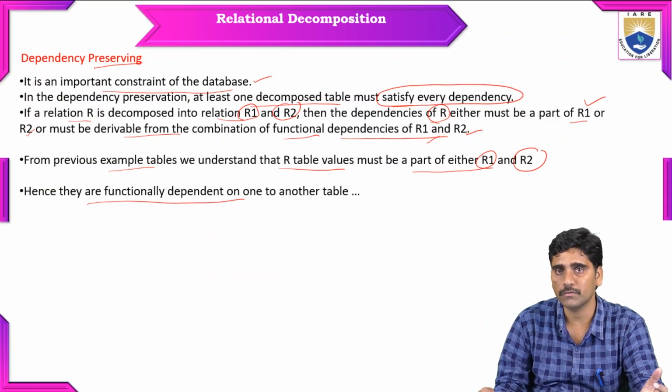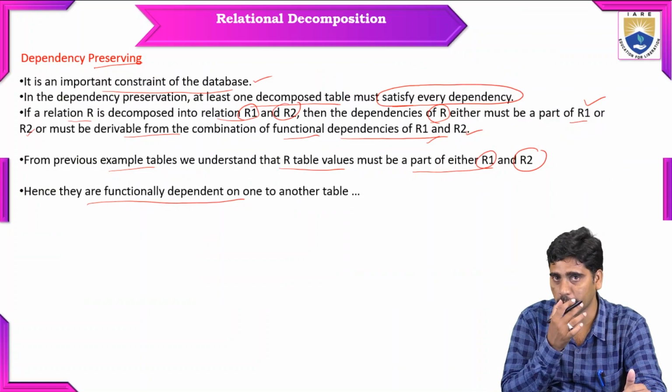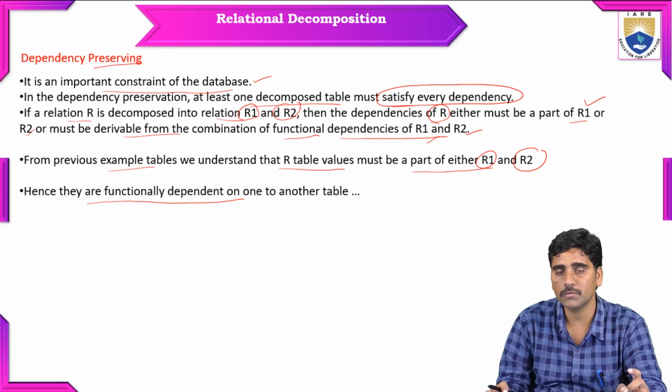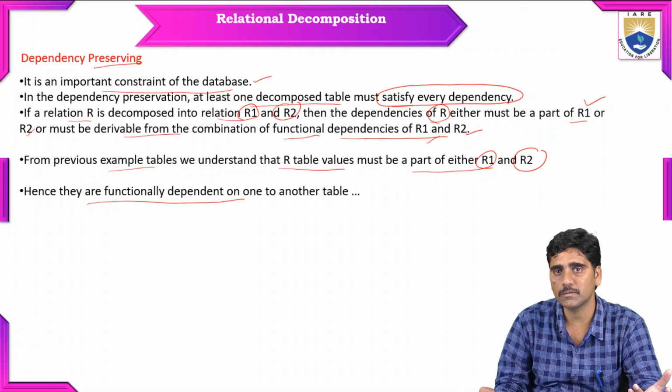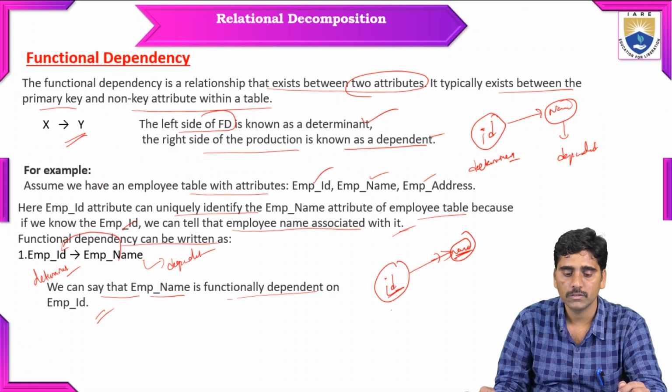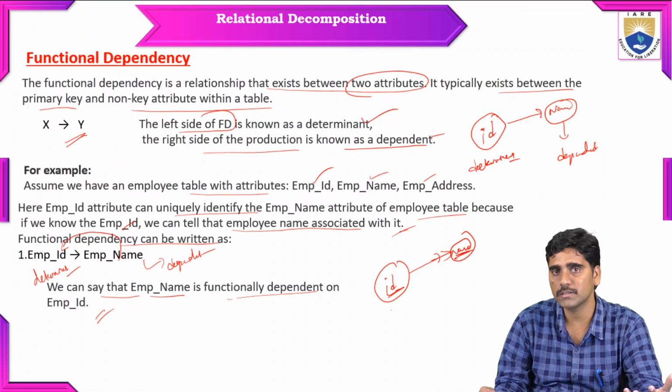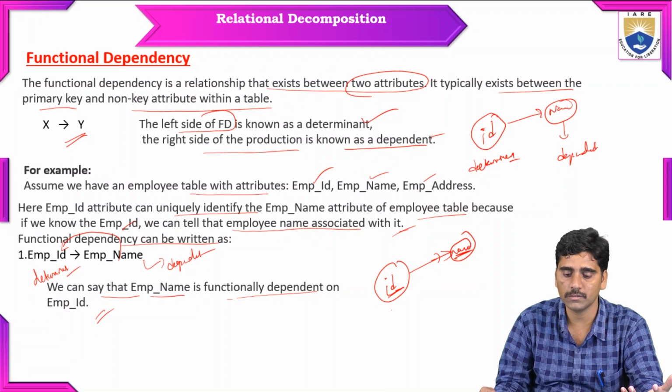And dependency preserving. Dependency preserving is nothing but, at least one of the attributes from the relation will be depending upon the attributes of another relation, then it is said to be dependency preserving. For this, functional dependency will occur. What is meant by functional dependency?